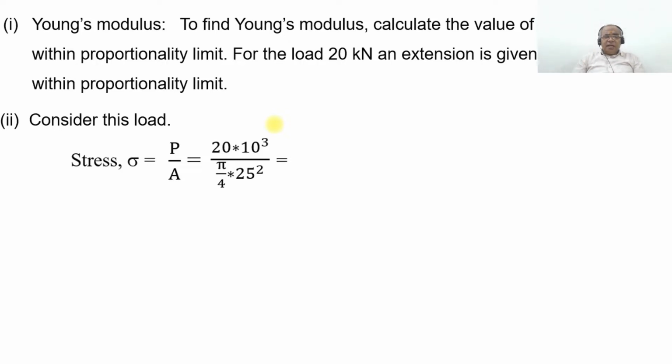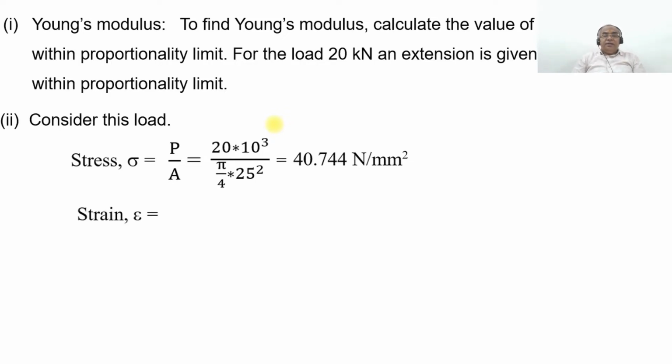The diameter of the specimen, D naught, is 25. Since it is a round bar, the area is pi d square by 4, which is pi by 4 into 25 square. Substitute these values and on simplification, you are going to get 40.744 Newton per mm square.